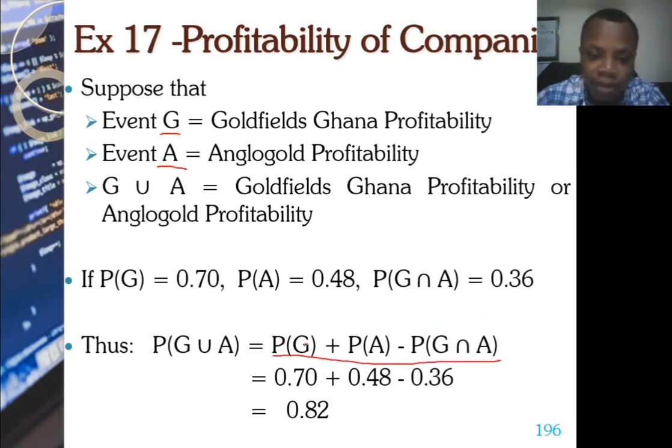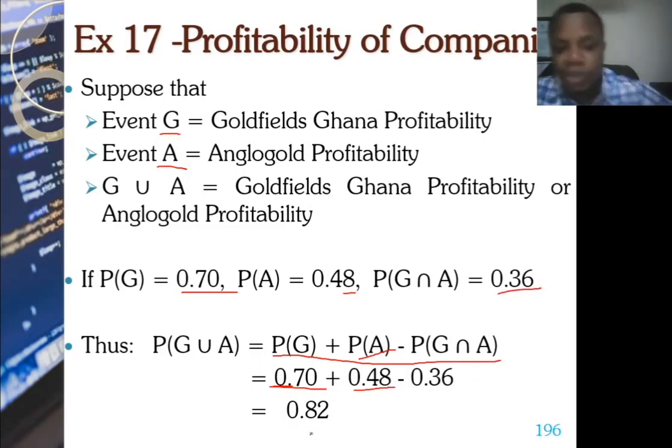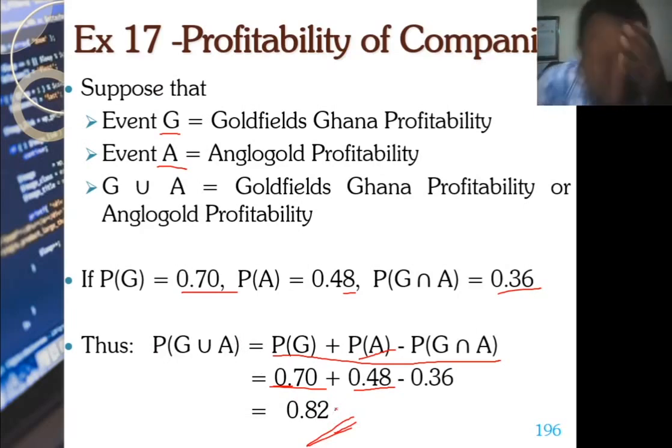The probability of G has been given to be 0.7, the probability of A has been given to be 0.48, and their intersection has been given to be 0.36. Once we simplify this, we have the probability of G union A equal to 0.82, and that will be their union, or the profit for these two mining companies.